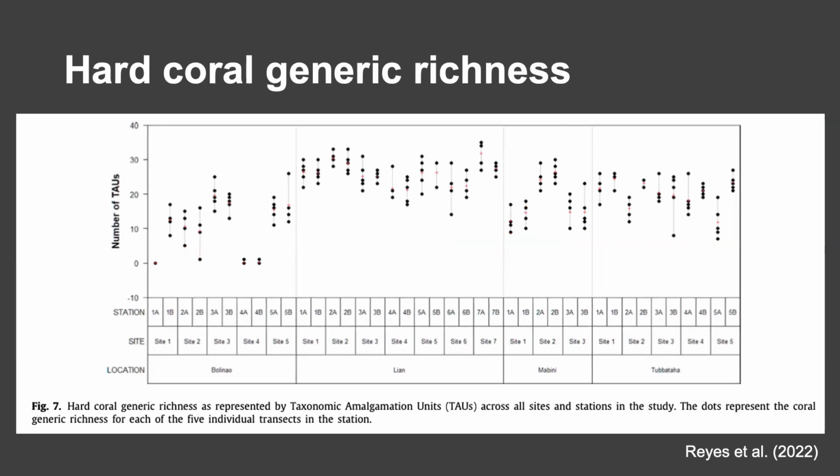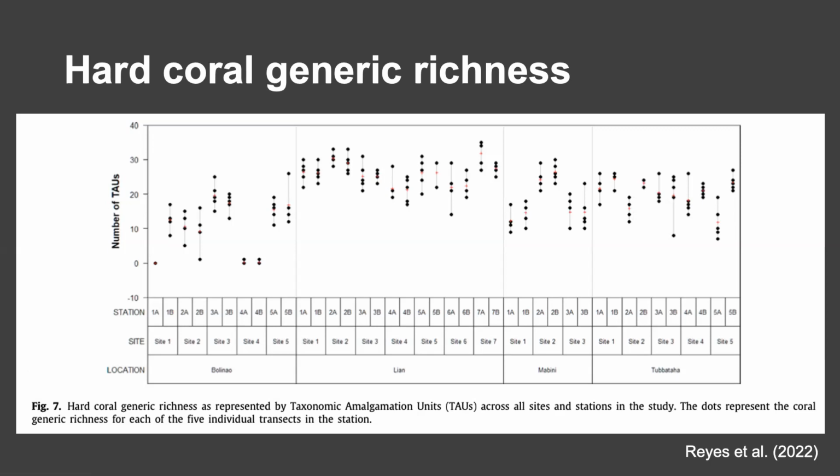Okay, look at its diversity. It's lower than average. Okay, and if you look at the diversity of Tubataha, it's not high anymore. Notice the diversity in Lian is higher than Tubataha.